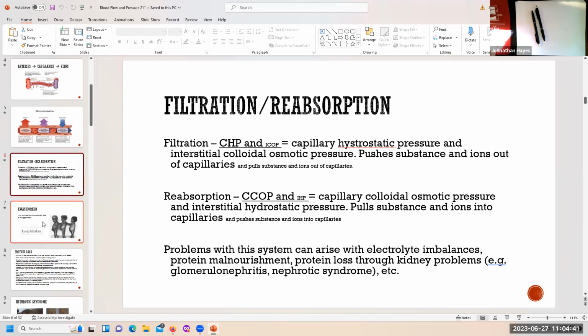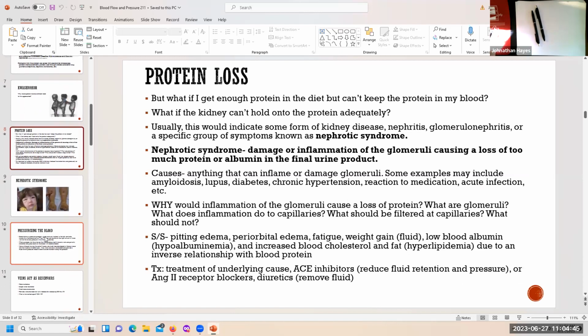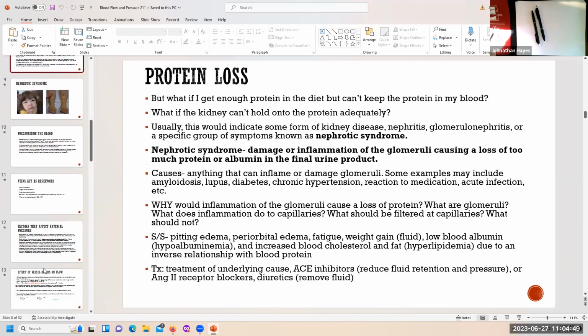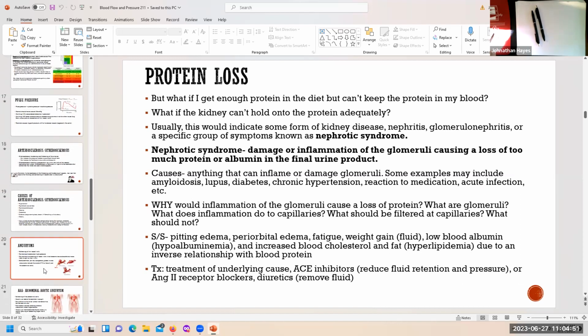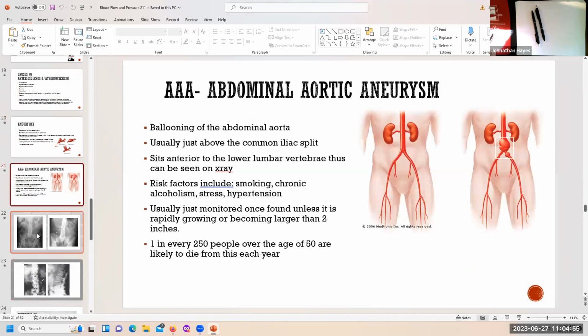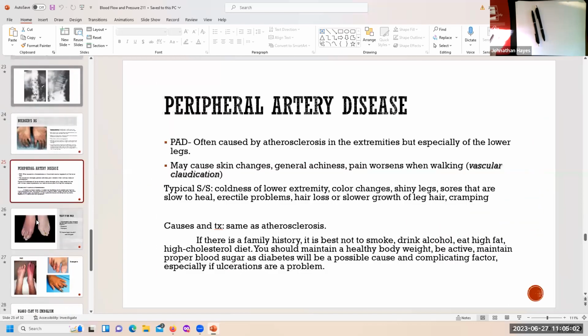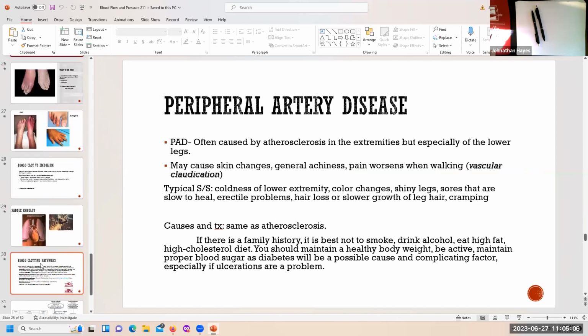There's certainly some things to think about, and we do have a couple of diseases sprinkled in there again. So things like nephrotic syndrome, kwashiorkor, peripheral artery disease, Buerger's disease, abdominal aortic aneurysm. So it certainly talks about different things that can happen to vessels, but it's still not super rich or super deep in the different types of pathologies.